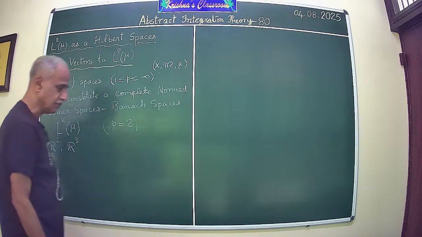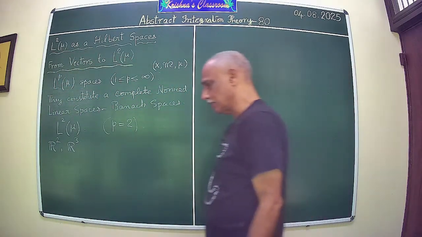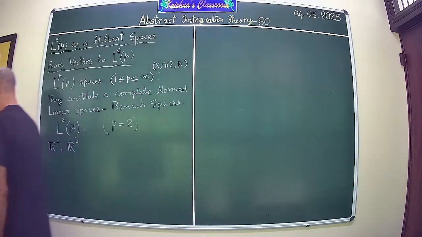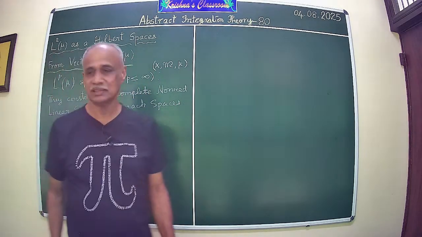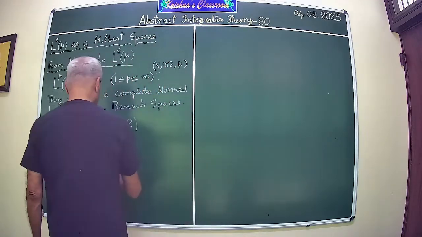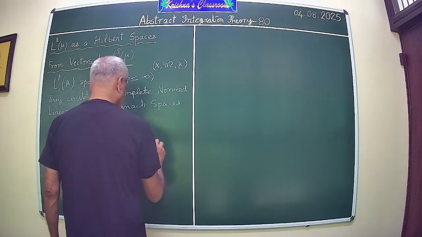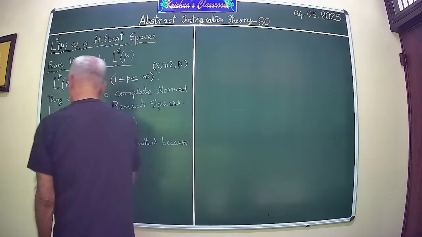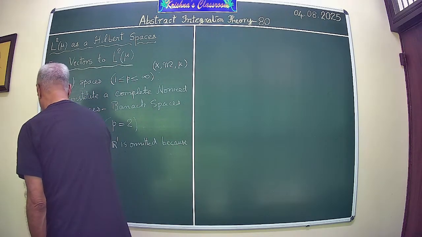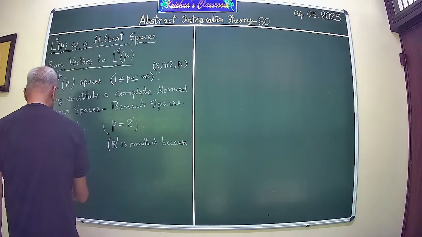You might ask why I omit R1. R1 is omitted because it is non-visible. It is too simple.